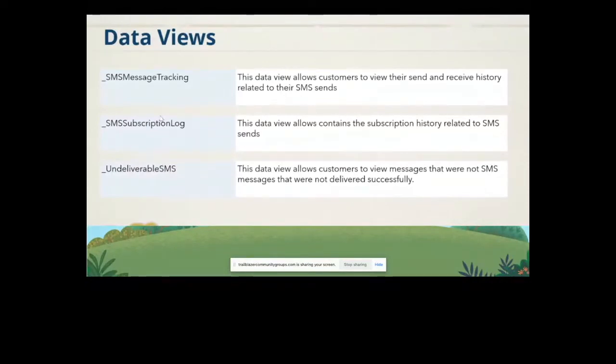You could send this information to any Azure platforms to build complete analytics. Those are SMS message tracking, subscription log, and undeliverable SMS. Message tracking will give you all the customers' send and receive history. Subscription log will give you all the subscription history related to SMS sends. Undeliverables will give you the customers who did not receive the message, and tell you whether it will be delivered or not.